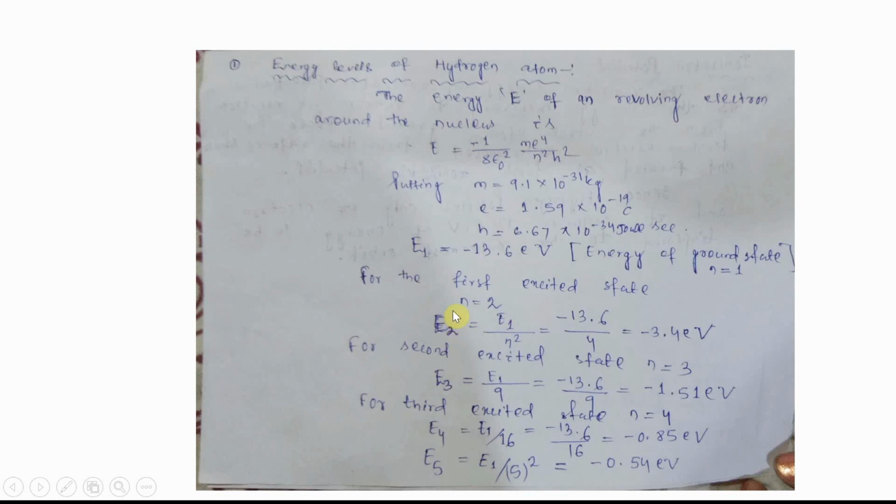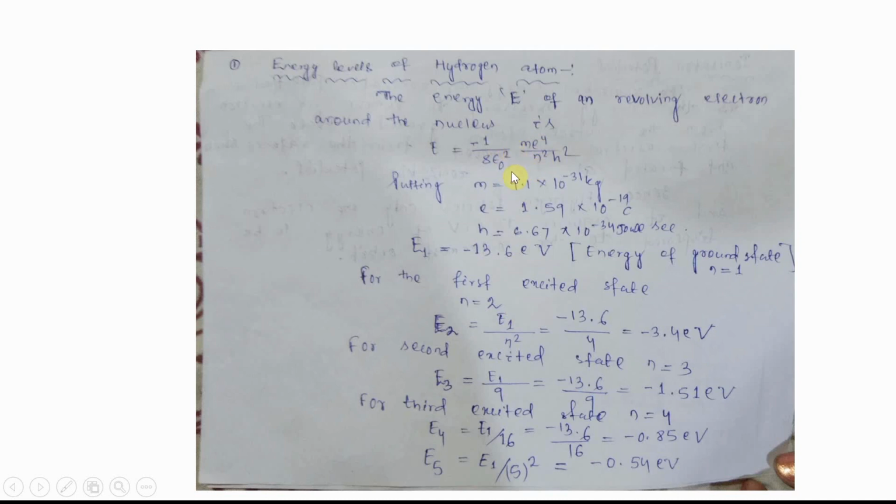So the energy in the first excited state for n equal to 2 we represent as E2 equal to E1 by n square, because here only the n value differs: for the ground state n is 1, but in the first excited state n equals 2, so the remaining constants must be the same.